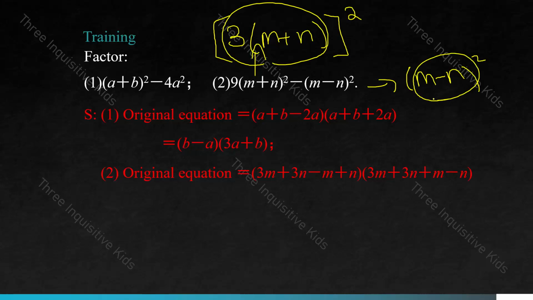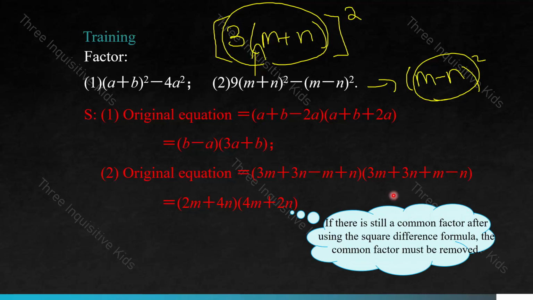So both of these are the expressions that are being squared. After taking that out, we have (3m plus 3n minus m plus n) times (3m plus 3n plus m minus n). Simplified, we have (2m plus 4n) times (4m plus 2n).